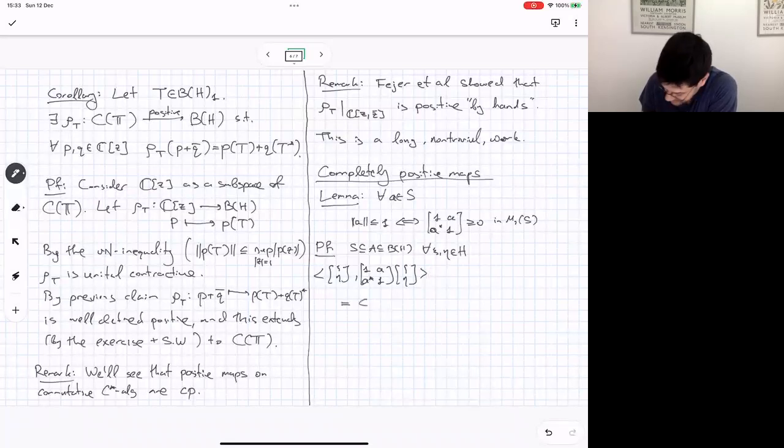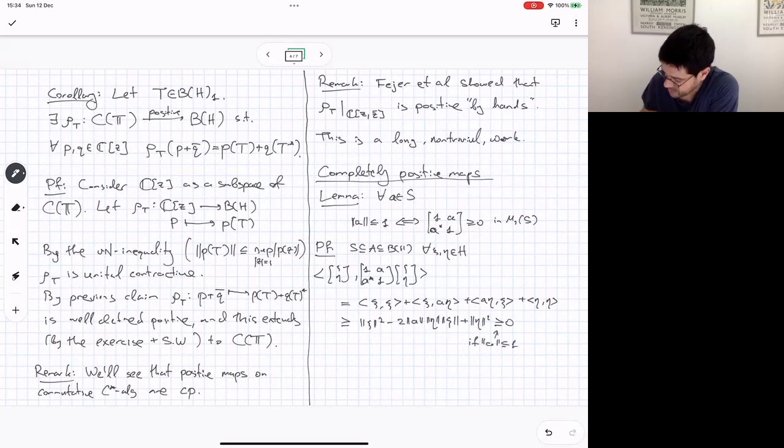It's supposed to be something like the norm of psi squared plus psi, A eta plus A eta, psi plus the norm of eta squared, which is greater than or equal to the norm of psi squared minus 2 times the norm of A eta psi plus the norm of eta squared, which will be greater than 0 if the norm of A is no more than 1.